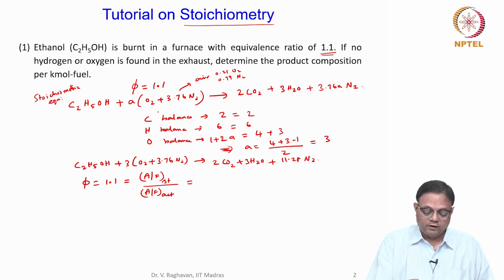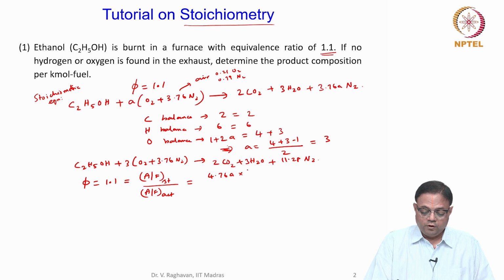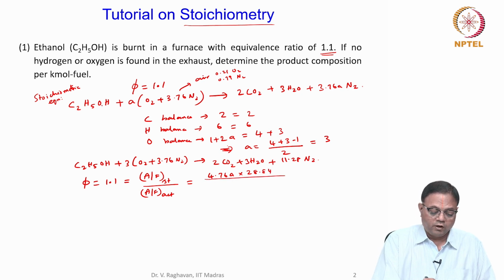So that can be calculated as, in this case, 4.76 A into number of moles into molecular weight, that is 28.84, let us say, for the air, divided by the molecular weight of ethanol, that is 12 into 2 plus 6 plus 16.